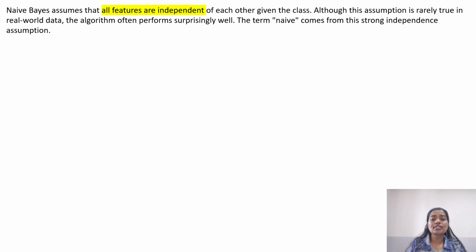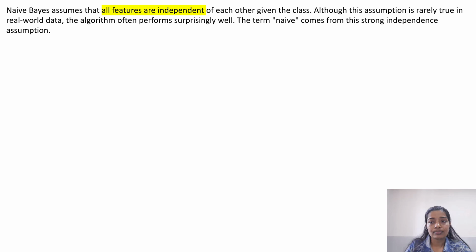But still this algorithm performs well. The predictions given by this algorithm are mostly accurate, it works so well. So there is a contradiction. It says that the features are independent of each other, but in real life scenarios, this rarely happens. But still, that doesn't affect the predictions, and the results of this algorithm are good enough.